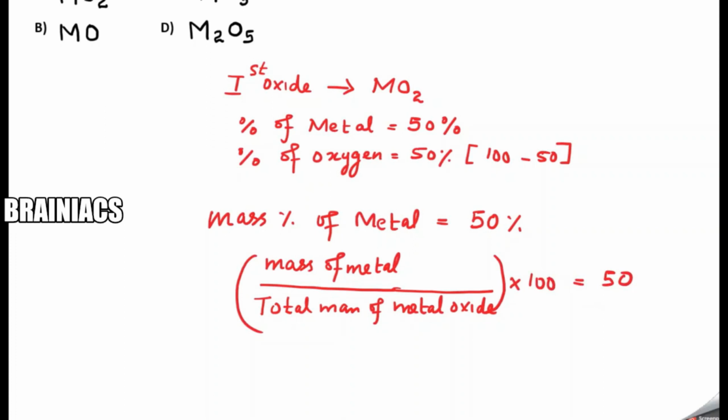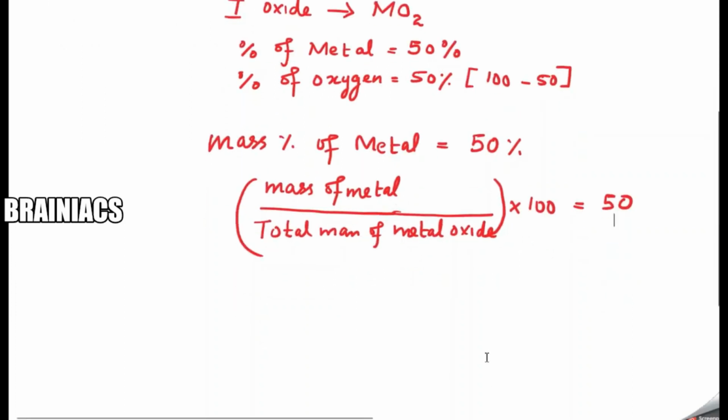Correct. So we don't know the mass of the metal. So let us assume the atomic mass of the metal as X.